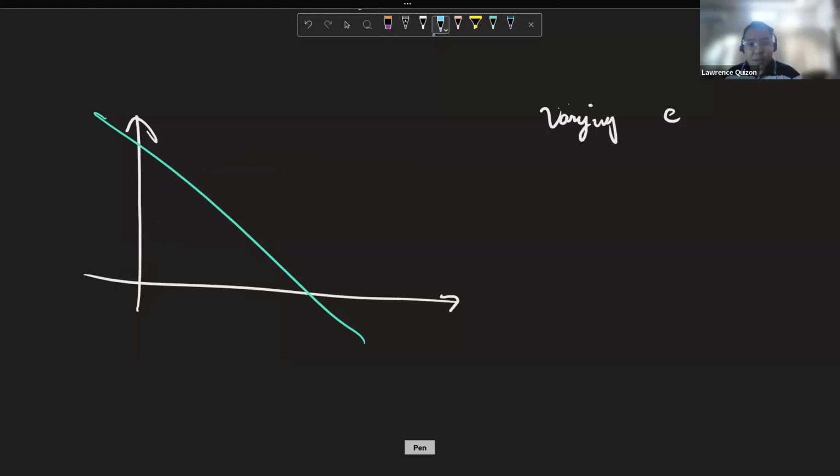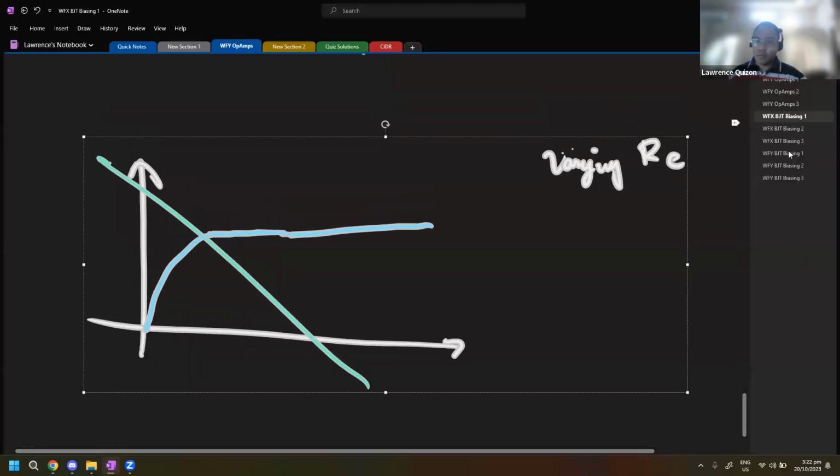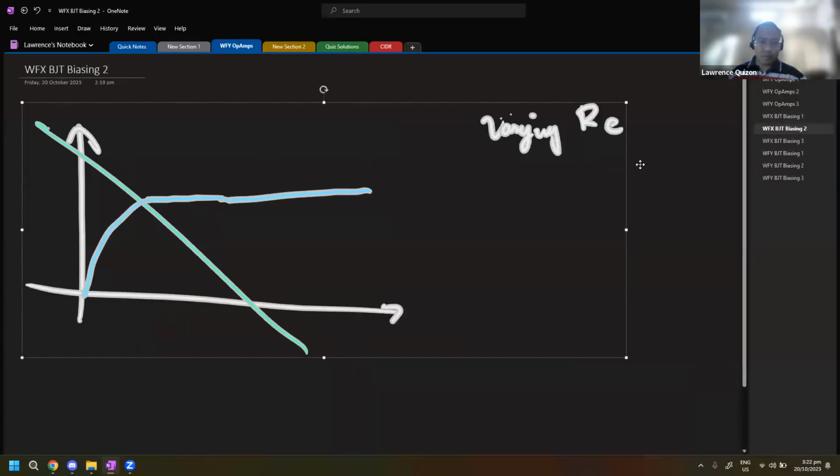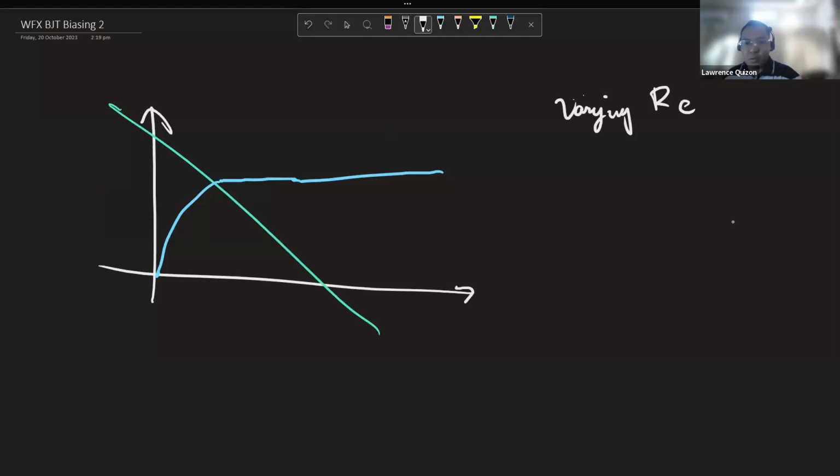Alright. So when we change RC, let's move on to here. What happens when we vary RC, if you remember, is that VCC over RC is the point at the top, and VCC is the point at the bottom of the load line.